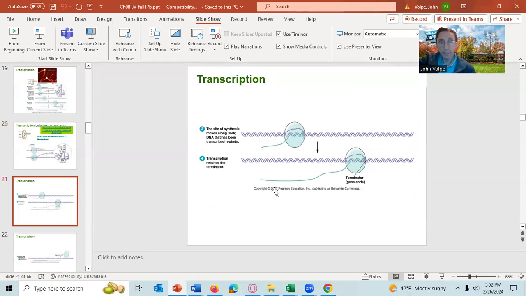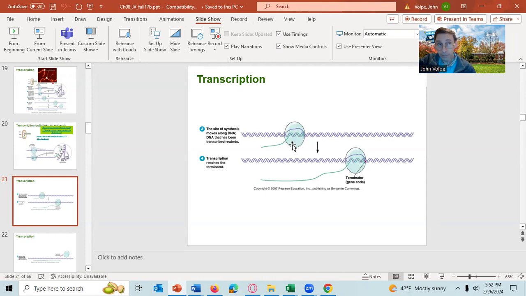Transcription begins when the RNA polymerase binds to the promoter of DNA. And before that can happen, I should mention that the RNA polymerase can only bind to single-stranded DNA. So you need a helicase here to open up the DNA and make it single-stranded.